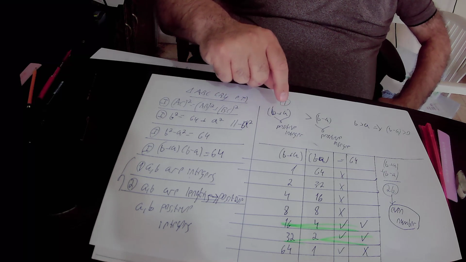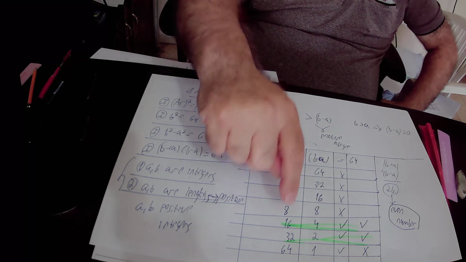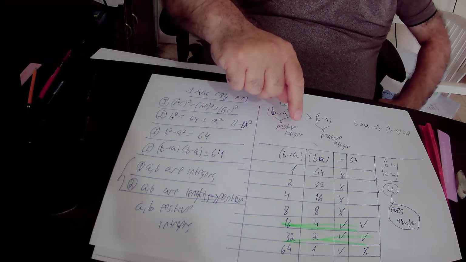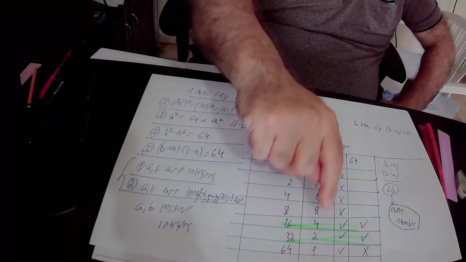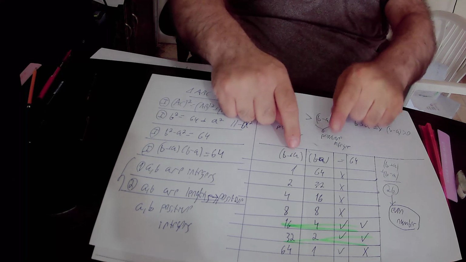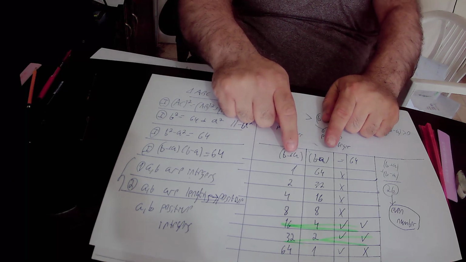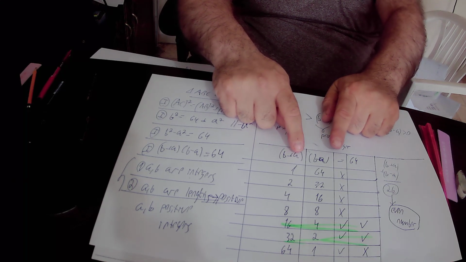So here we have the first column, which is B plus A, and the second column, which is B minus A, and we will multiply those two positive integers together to get 64.